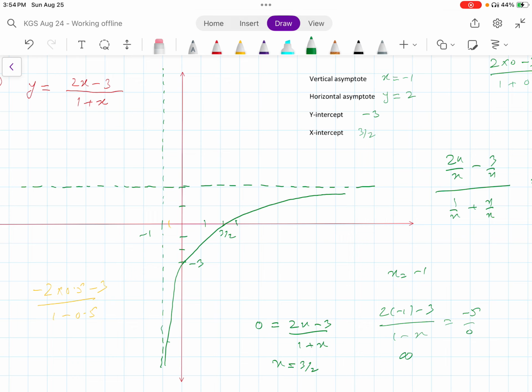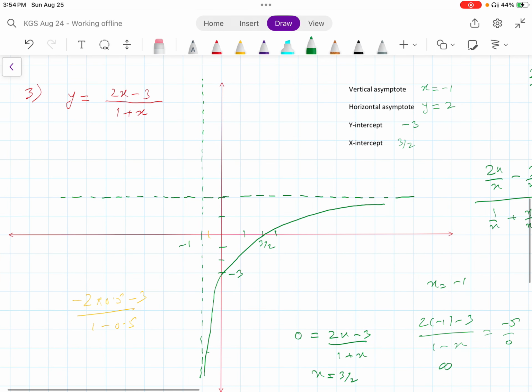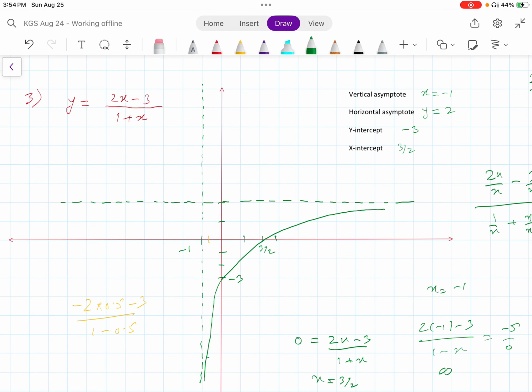Now, if the x values are slightly less than minus 1, say minus 1.5, what are the y values? So we have to figure it out. It's y equals 2 times minus 1.5, which is minus 3, minus 3 over 1 minus 1.5. So we see that numerator and denominator are both negative. So the negative sign is cancelled, and now the y values are positive.